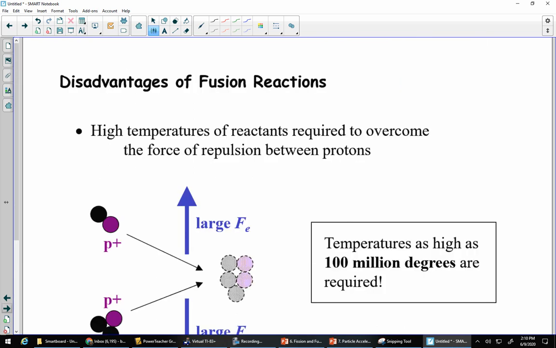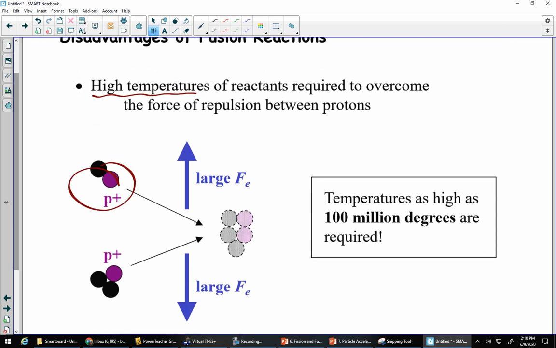The disadvantage, the big disadvantage, is that you need ridiculously high temperatures in order to overcome the force between those protons, right? Because positives don't like to be next to other positives. So there's a very large electric force, and you need a lot of energy to get those two things close enough so that our strong nuclear force takes over.